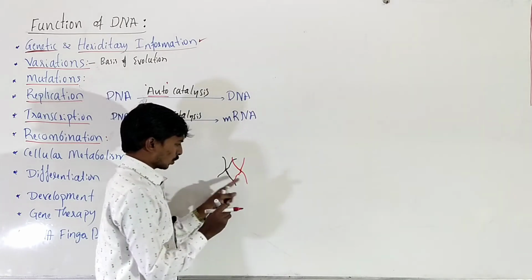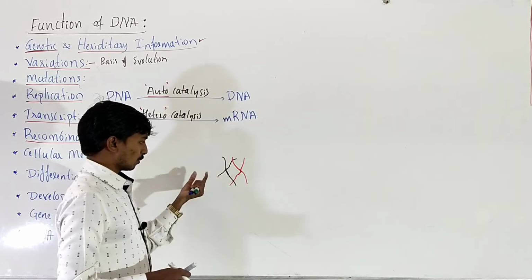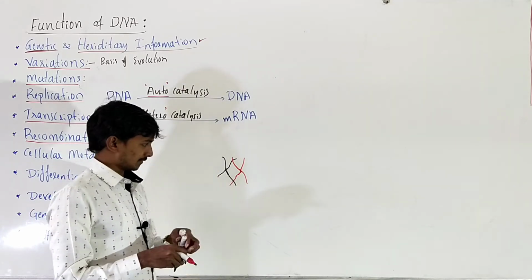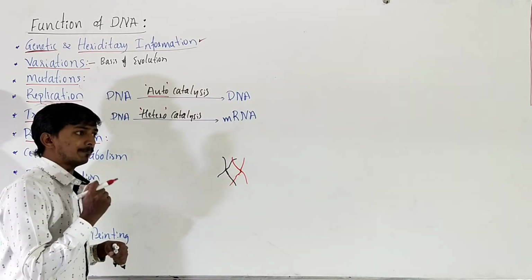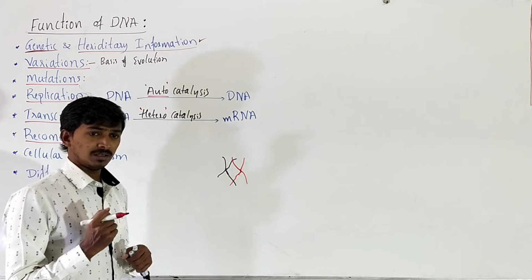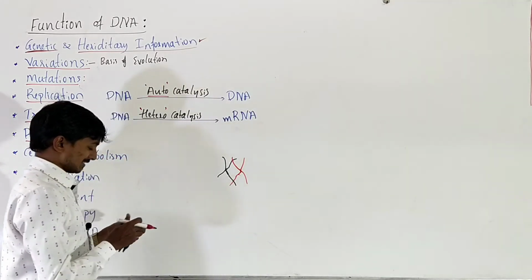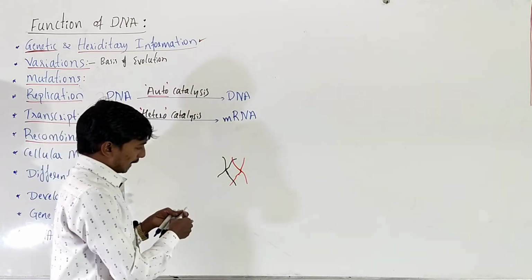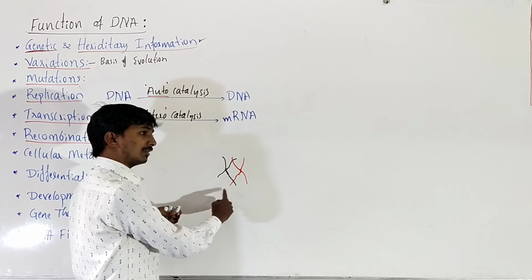Imagine two chromosomes, one paternal, one maternal. During meiosis, mainly meiosis 1, prophase 1, during leptotene, zygotene, pachytene, part of this chromosome will join the other chromosome, and part of the other will join this one.